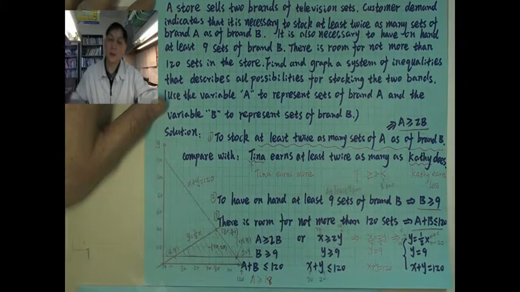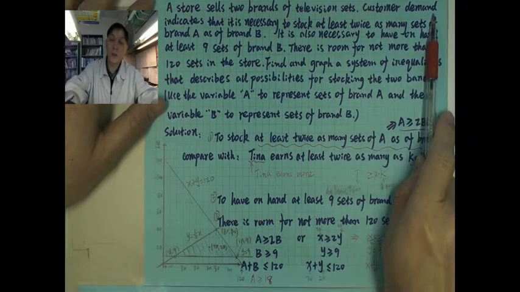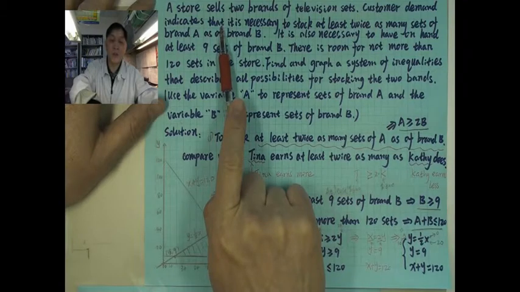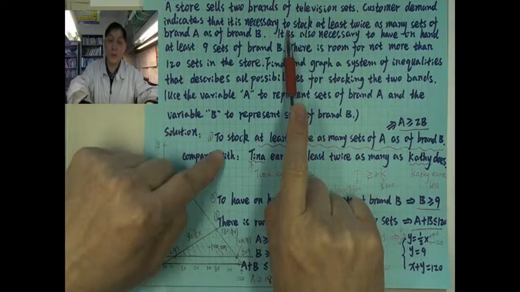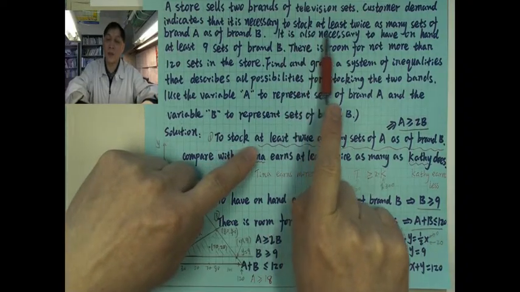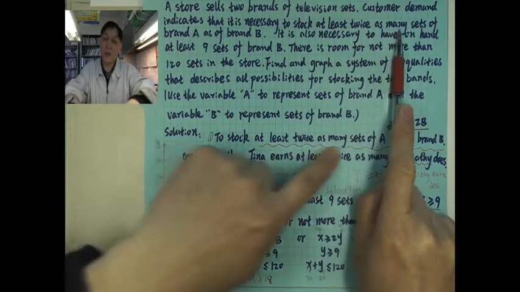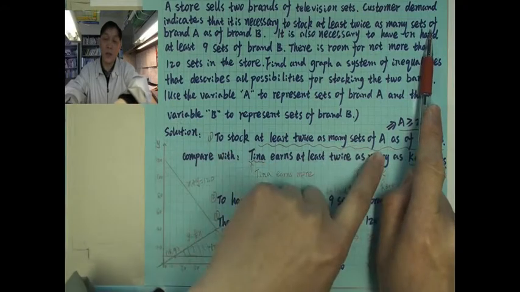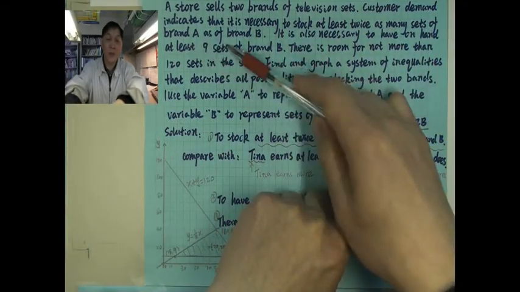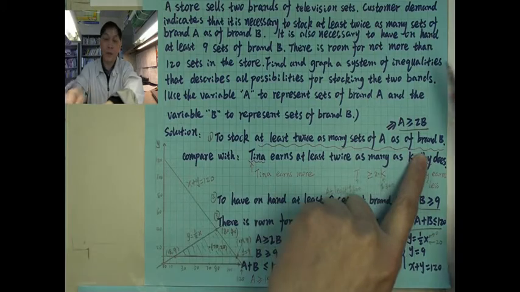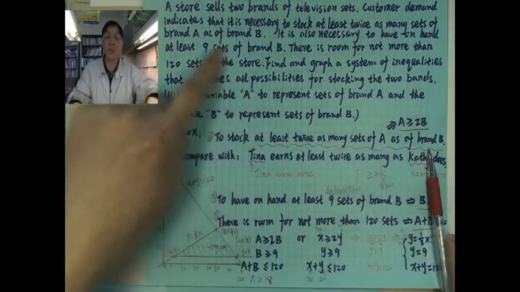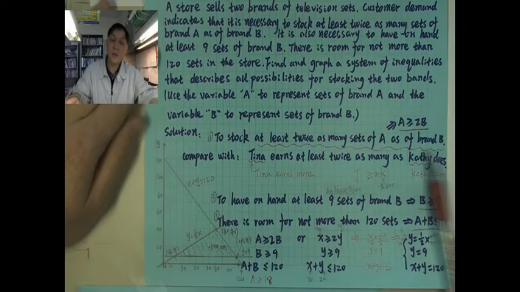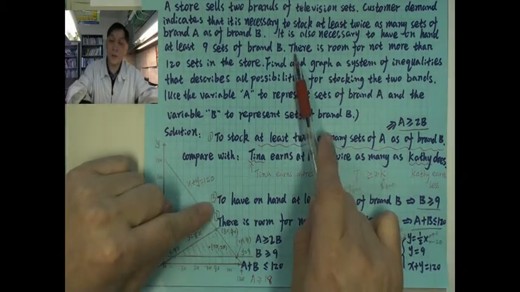So you can see here the customer demand indicates that it is necessary, okay, we do it from here, to stock at least twice as many sets of brand A as of brand B. That's the first sentence. The second one we put right here.